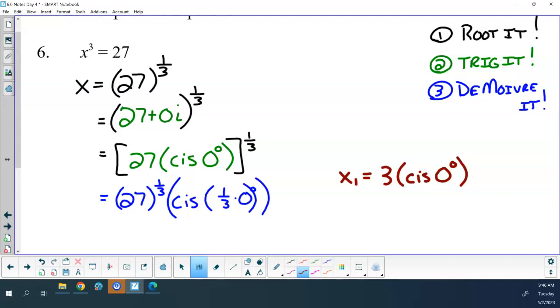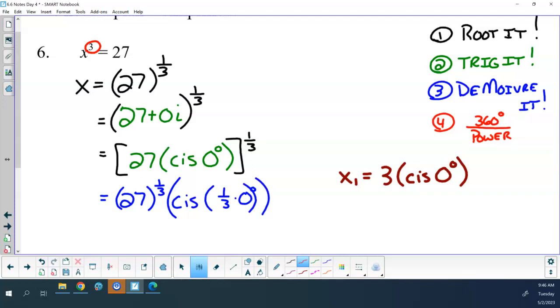Okay? Now, here's our fourth and final step. We're going to take 360 degrees and divide it by the power, my original power, or the number of roots I'm taking.